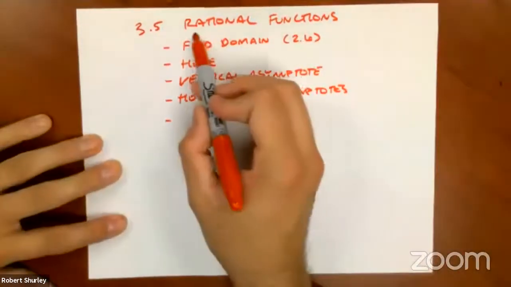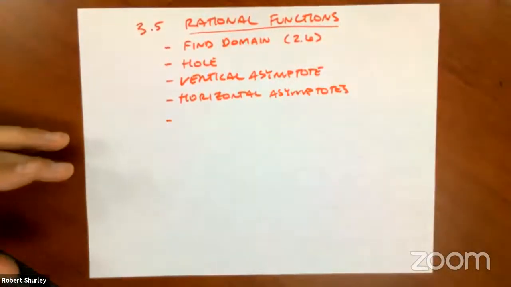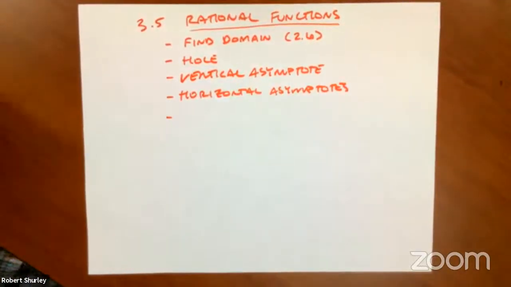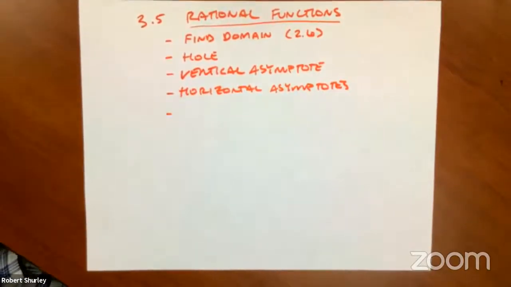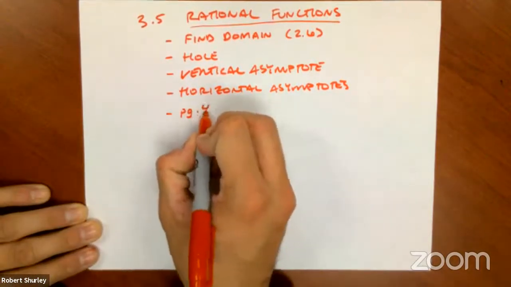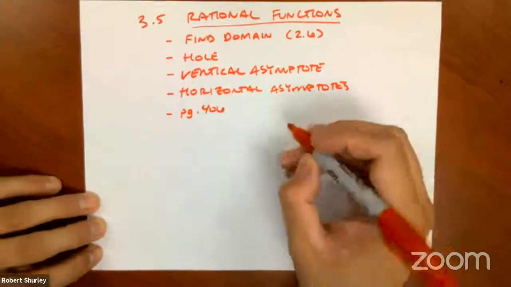And the last thing in 3.5, which was really the first thing in the homework, was identifying information from a graph of rational functions. So for the bullet point here, I'm just going to give the homework that I'm talking about, so it makes it a little more clear. It's on page 406, numbers 9 through 19.